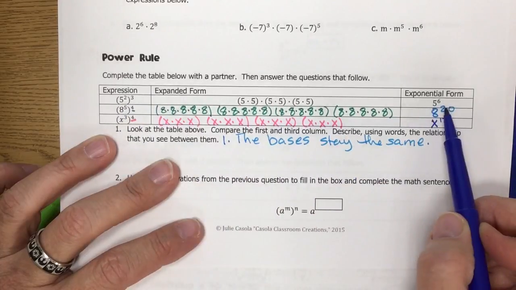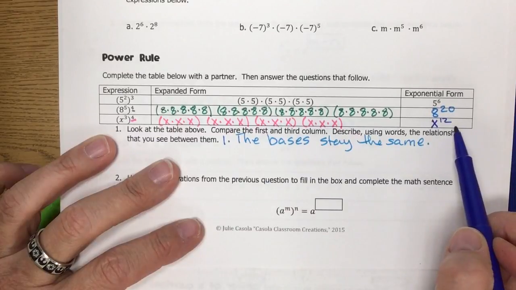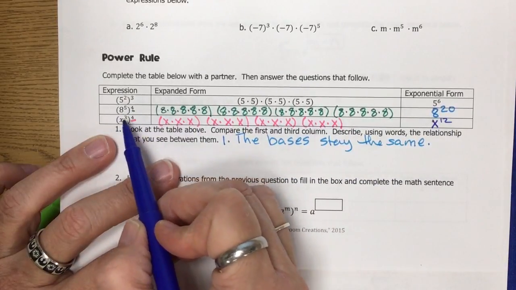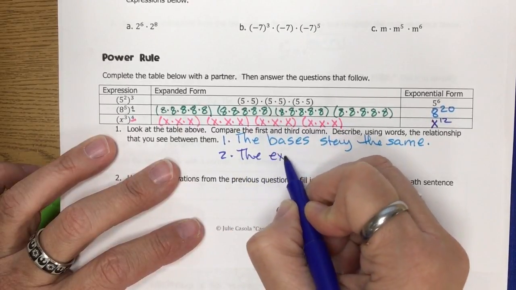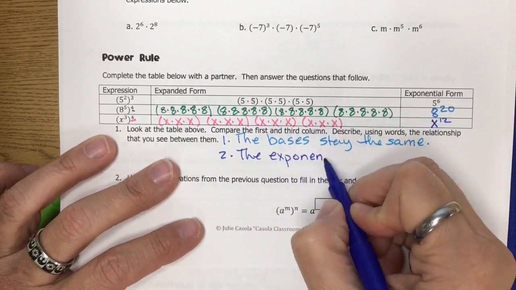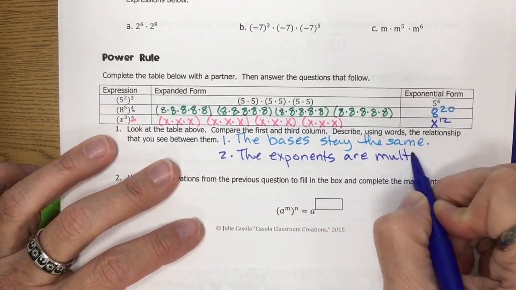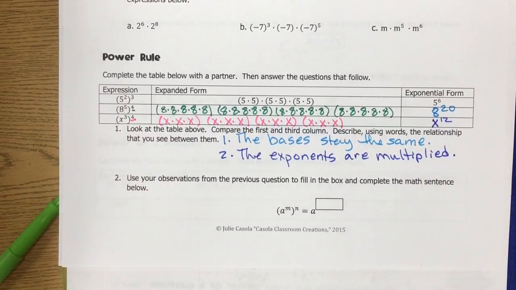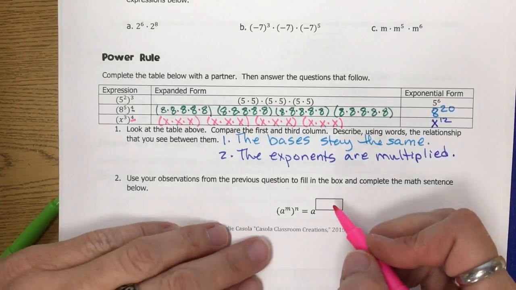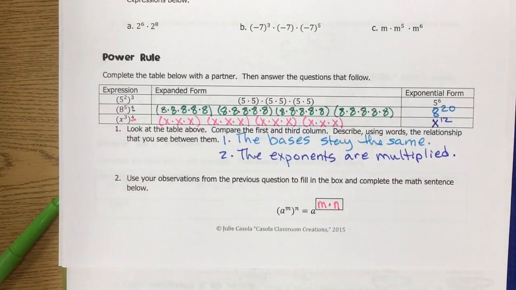I had 2 and 3 and it became 6, 5 and 4 and it became 20, 3 and 4 and it became 12. If you look at that, they've multiplied the exponents together. So the exponents are multiplied. The exponents are multiplied. So down here, when I write this, I'm going to multiply my exponents. So I multiply m and n together.